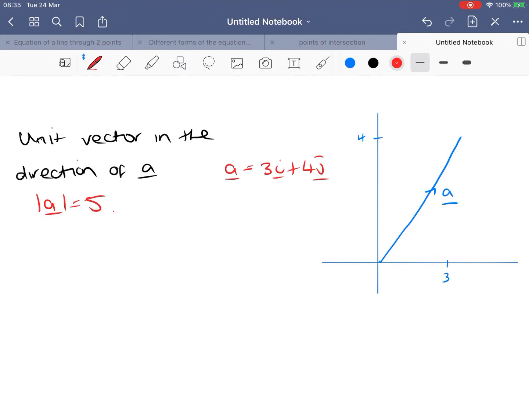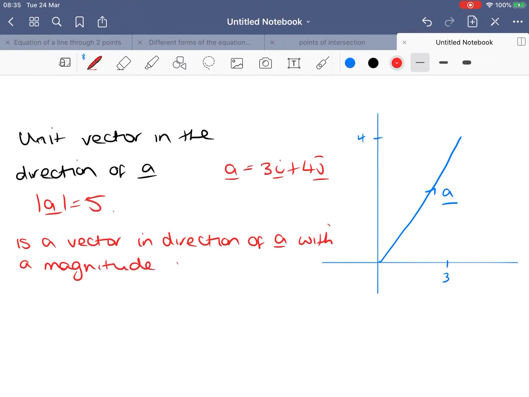And the unit vector is a vector in the direction of A with a magnitude of 1. So what they want is a vector that goes in the same direction as A, but its magnitude, its length is 1. We know A has got a length of 5. So how do we find a vector which has got a length of 1?